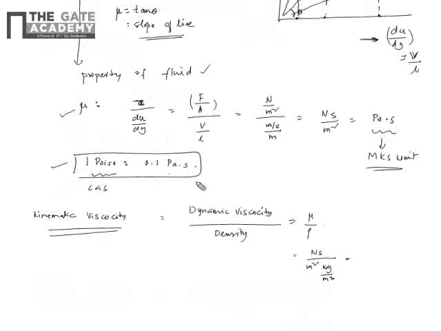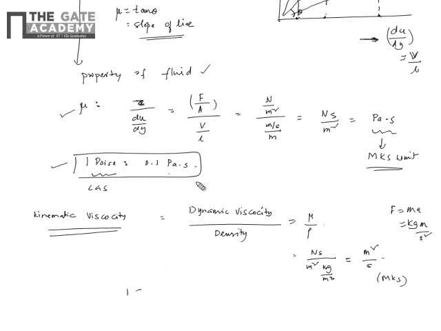In a minute we'll see what density is, but right now you can convert this. Newton is force, which is ma, or kg meter per second square. If I convert everything, I get meter square per second. This is the MKS unit.